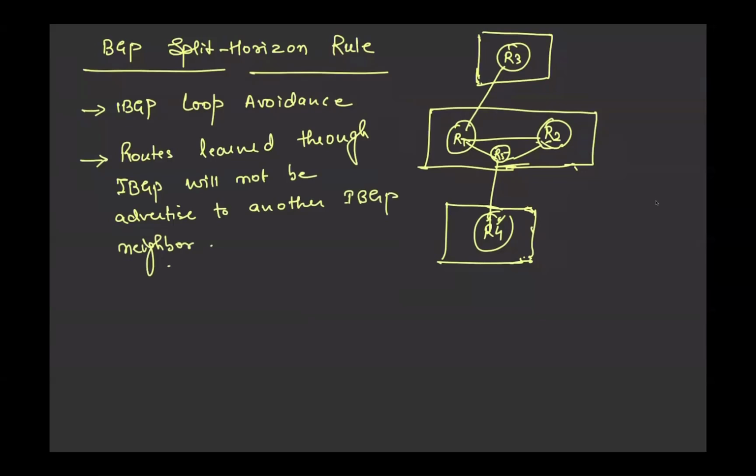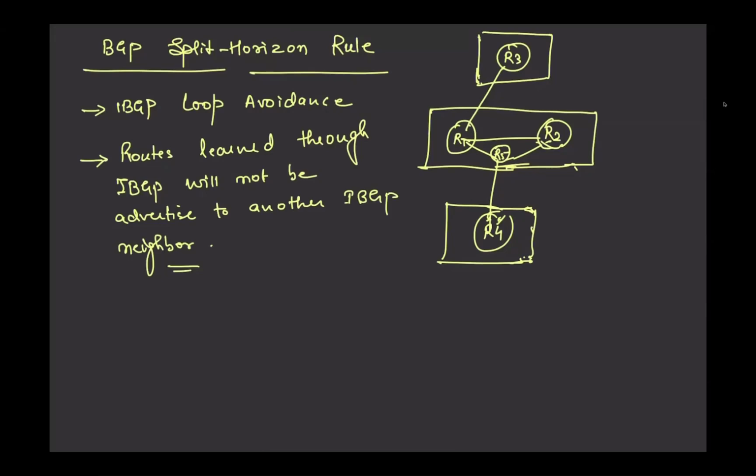So again, read the statement carefully. Exactly. A route learned via an iBGP neighbor can be advertised to eBGP. And if you are learning a route via eBGP, you can advertise that to iBGP.